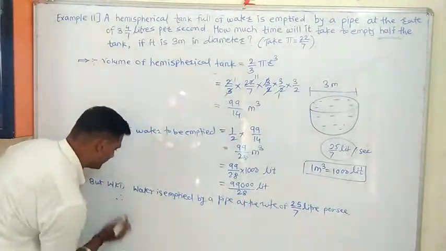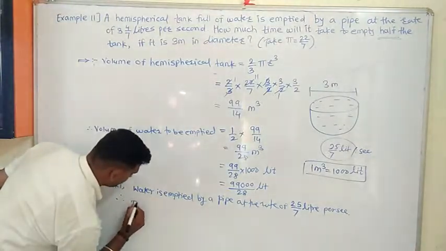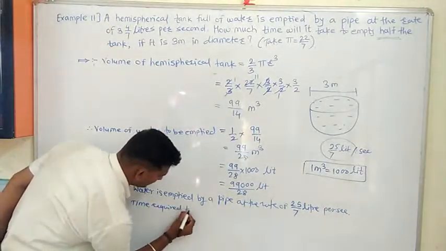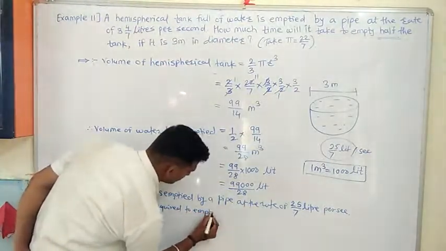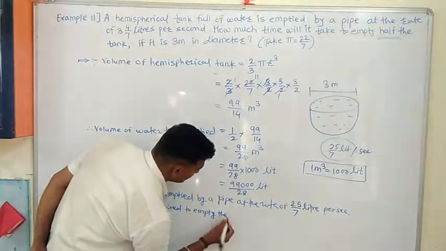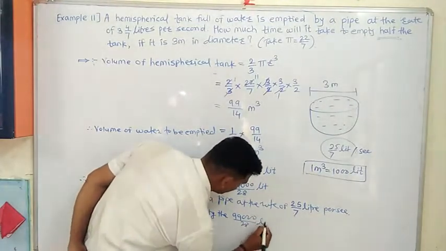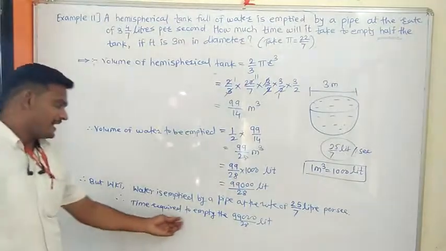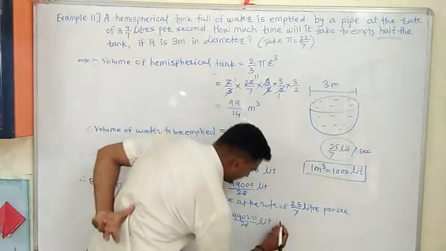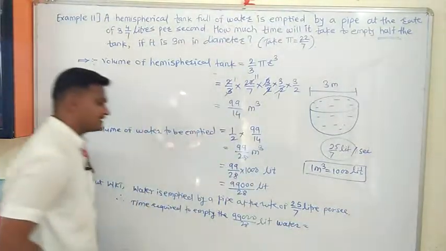Therefore, time required to empty the 99,000 divided by 28 liter water is equal to, how much time will be required?